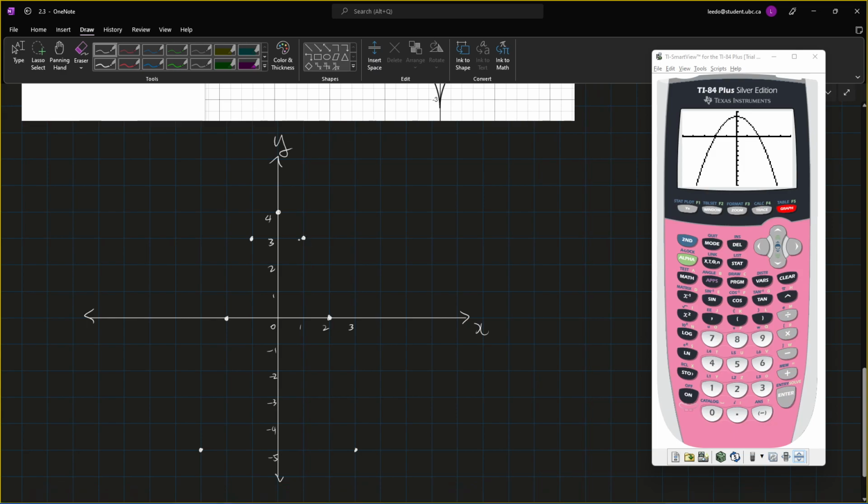Then carefully connect the graph as smooth and accurate as you can. Let's see. Oh, that's the best I can do. We're done. Let's label the function.